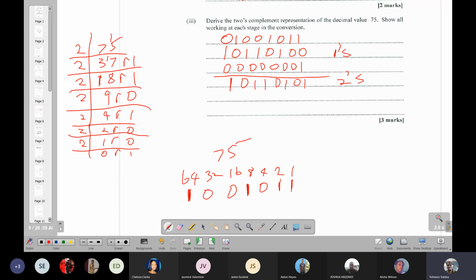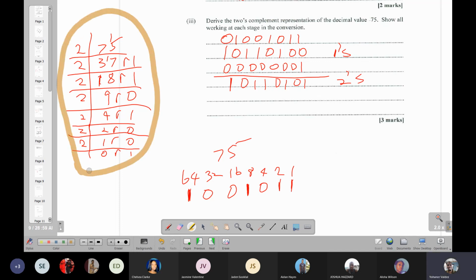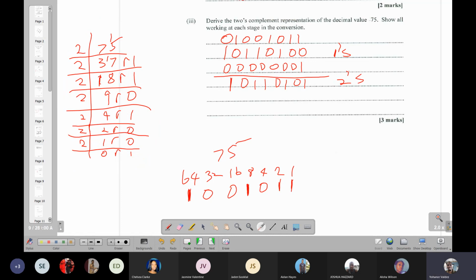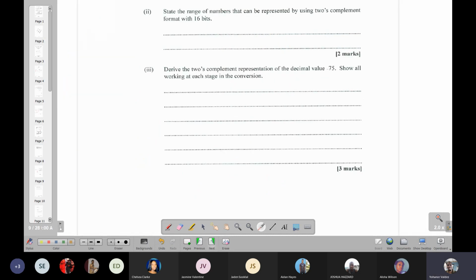But this is really the recommended way to get your binary digits from a denary number. So I would recommend that you do it this way. I think that CXC would be looking for this more than just you writing down the answer. So that's just something to consider.